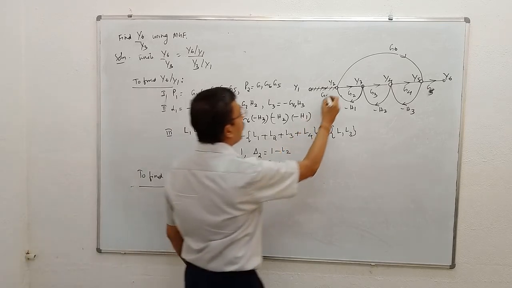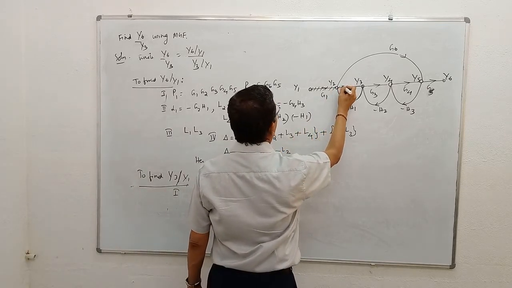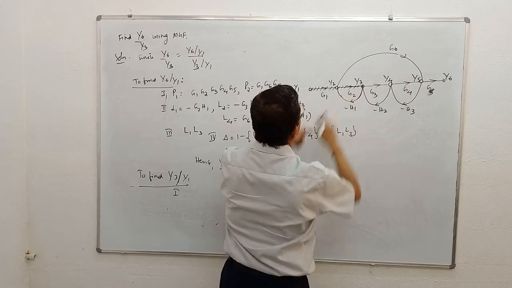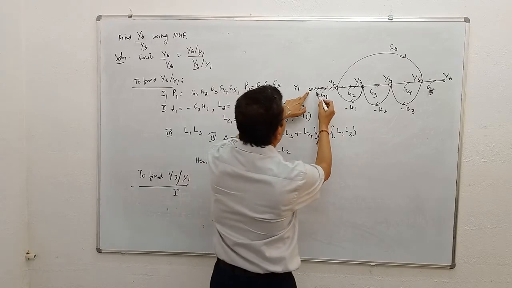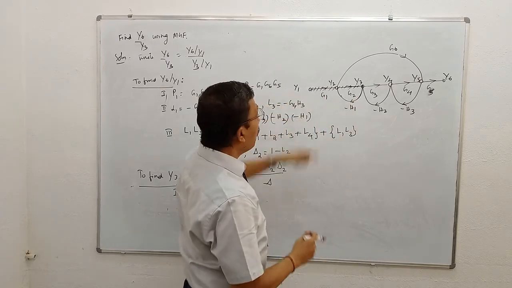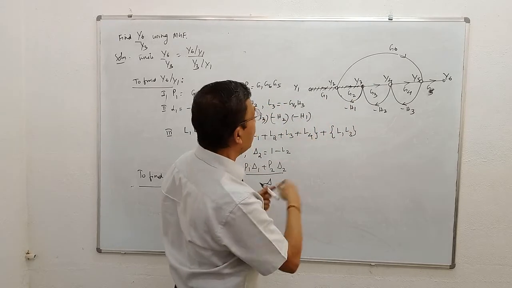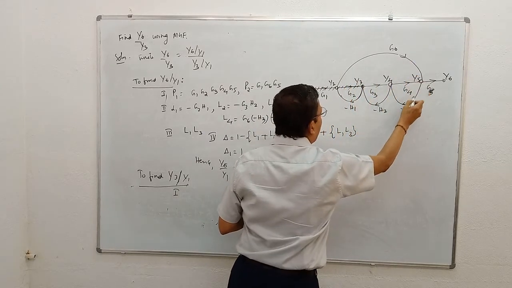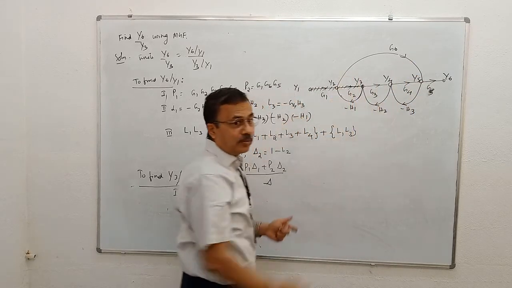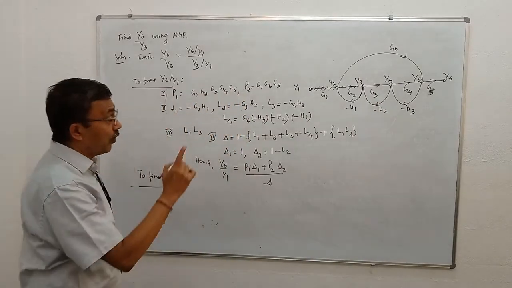Now this is the output. This is the forward path, the first forward path made up of G1, G2. There is one more forward path here which is hidden, you see. G1, G6 minus H3 minus H2. Therefore, there are two forward paths.